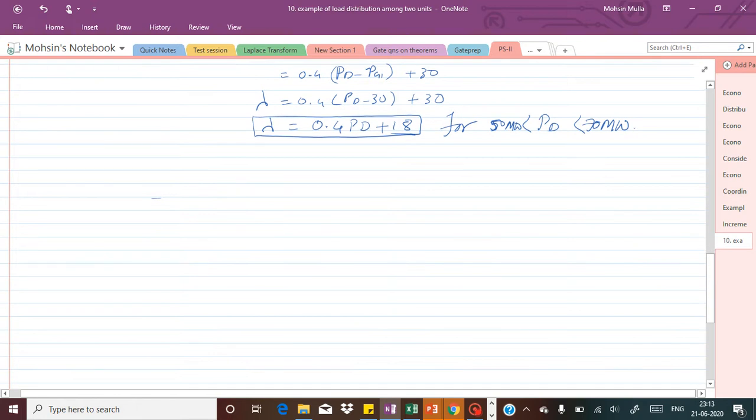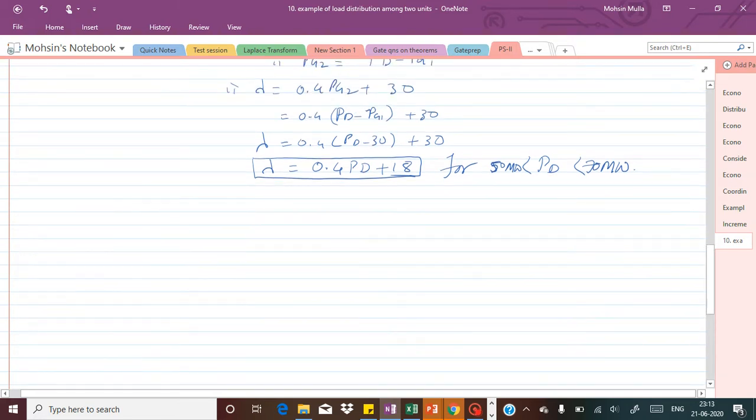Similarly we can obtain it for the maximum condition. Let us see what the incremental cost will be at maximum capacity. The max capacity of Pg1 is 175 megawatt and the max capacity of Pg2 is 125 megawatt.